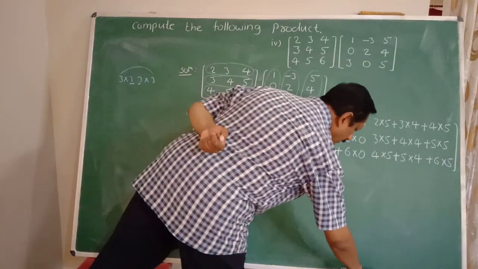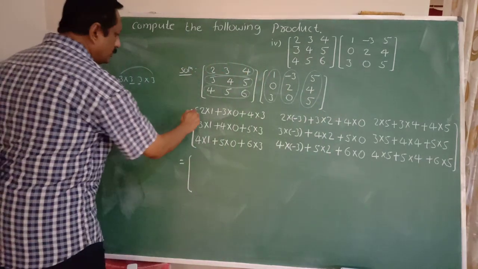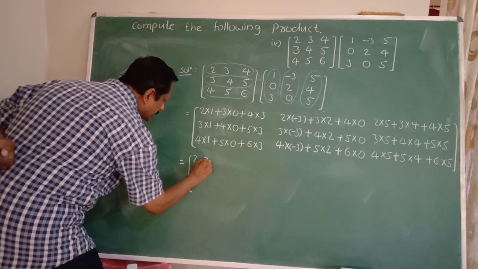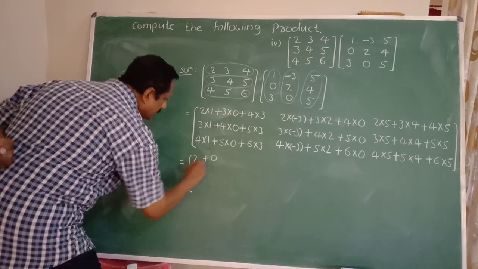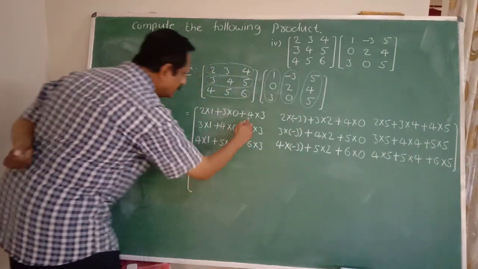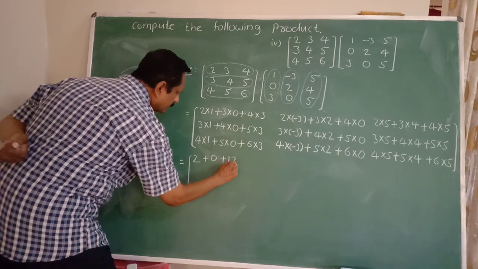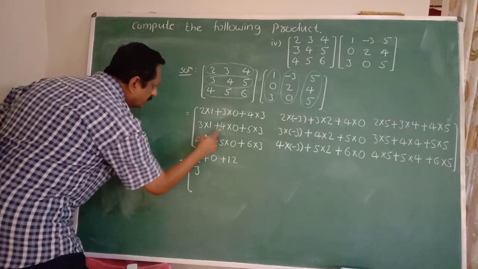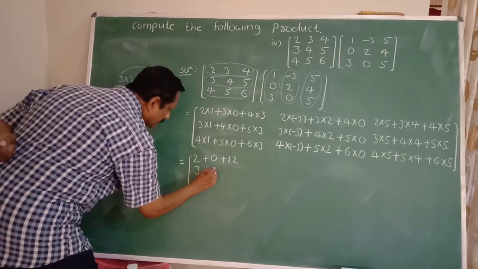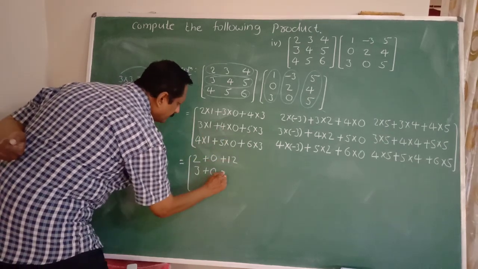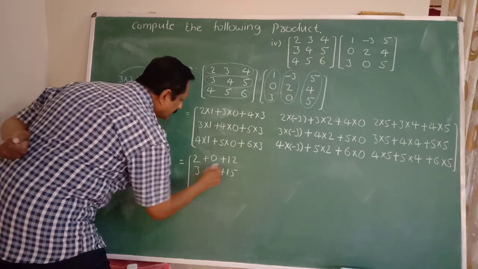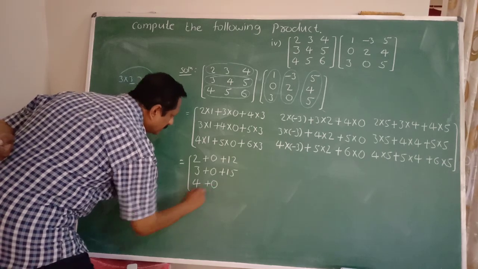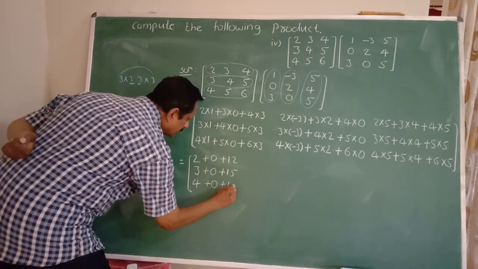Okay, so 2 ones are 2, write 2. 3 into 0 becomes 0, plus 0. Then the fourth is 12, plus 12. Then 3 ones are 3. 4 into 0 becomes 0. 5 3s are 15, plus 15. 4 ones are 4. Then 5 into 0 is 0. 6 3s are 18.